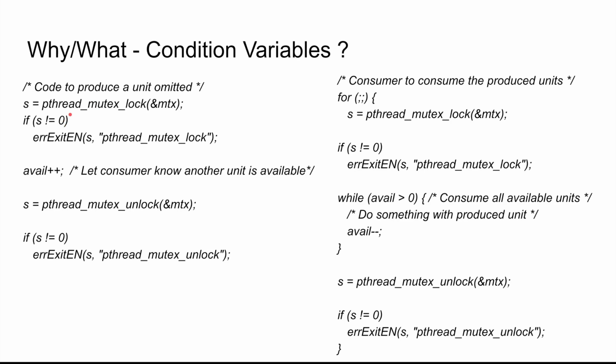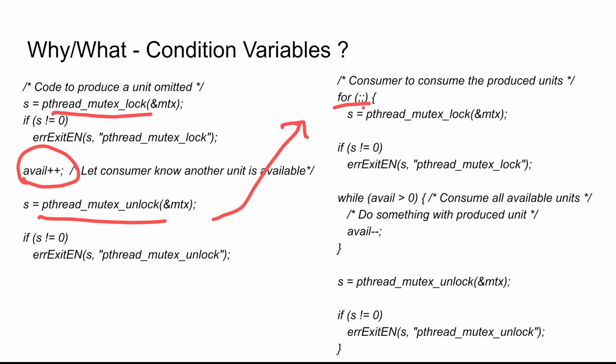Let's look at the producer code. Producer takes a mutex lock, increments the integer variable to depict that a unit has been produced, and does a pthread mutex unlock. Once the mutex has been unlocked, consumer can have a chance to run. It has an infinite for loop inside which it does a mutex lock in preparation of checking the shared variable.